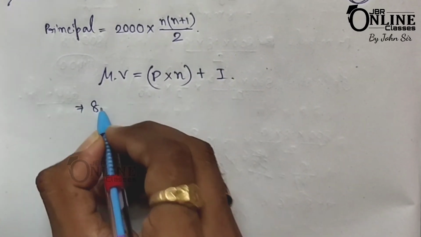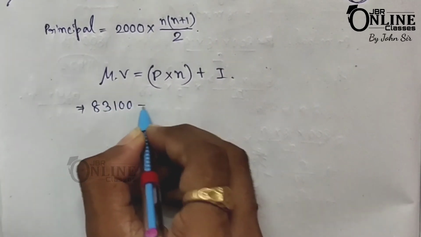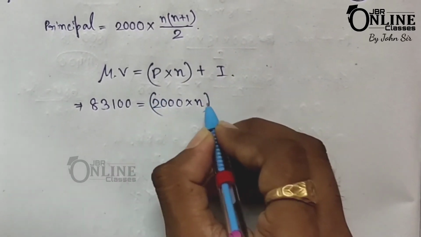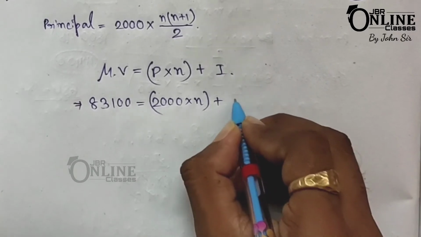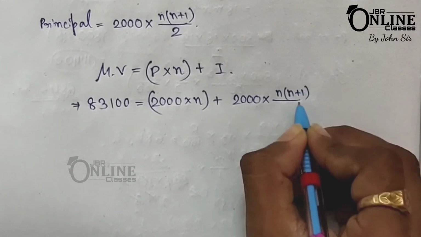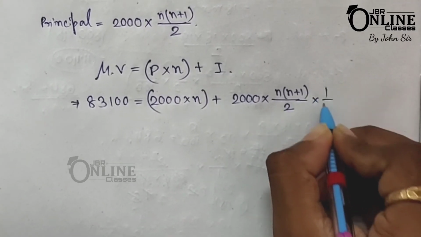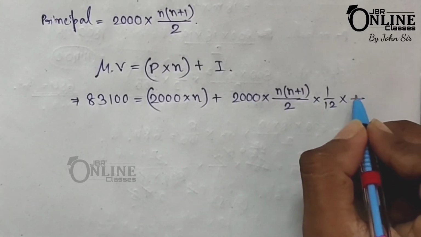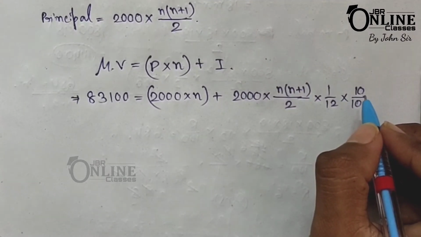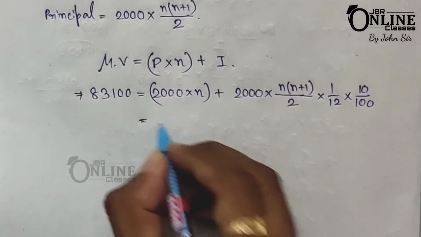So here MV equal to 83100. Here p equal to 2000 into n plus interest. Now interest equal to 2000 into n plus 1 by 2 into 1 by 12, and last one r means 10 by 100. So now we have to solve this equation.